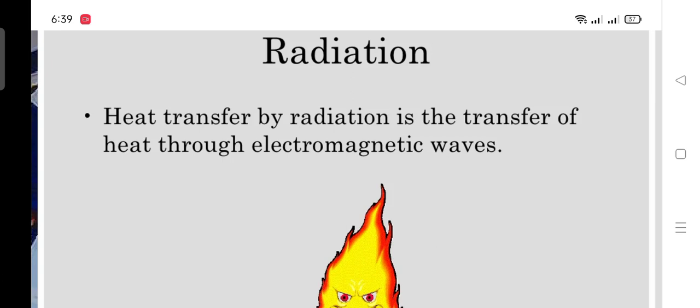But when the transfer of heat occurs in the case of gases, by the electromagnetic way, then we know it is radiation. When heat transfers in a solid substance, it is known as conduction. So students, this is all about the different types of heat transfer.